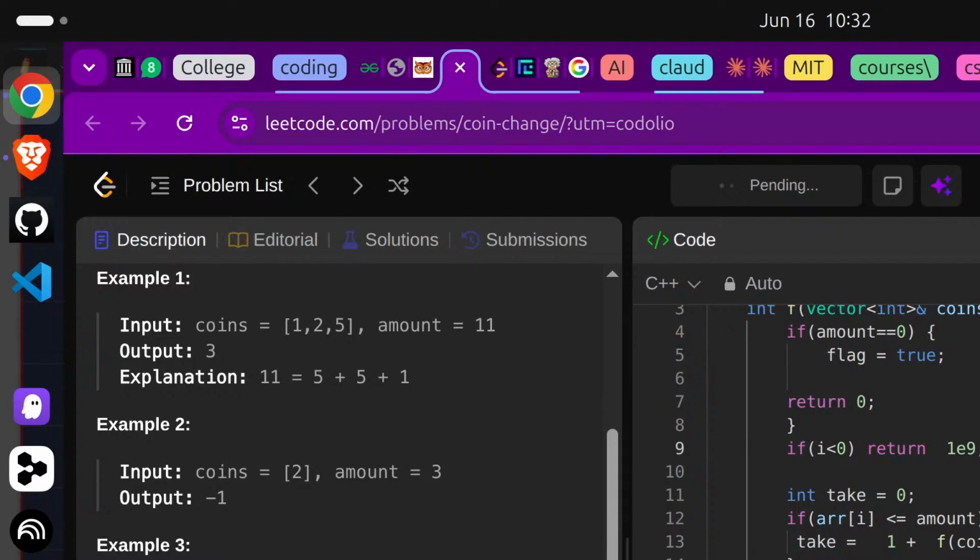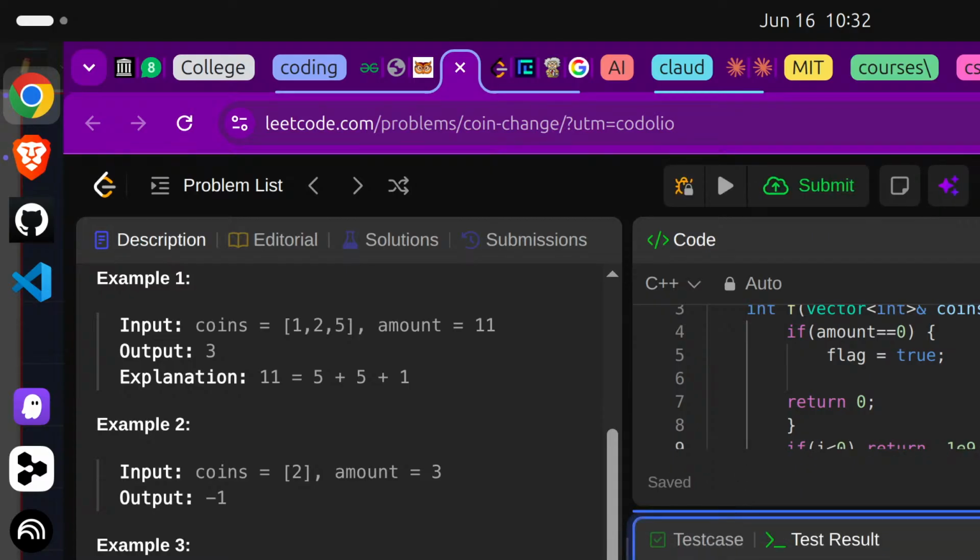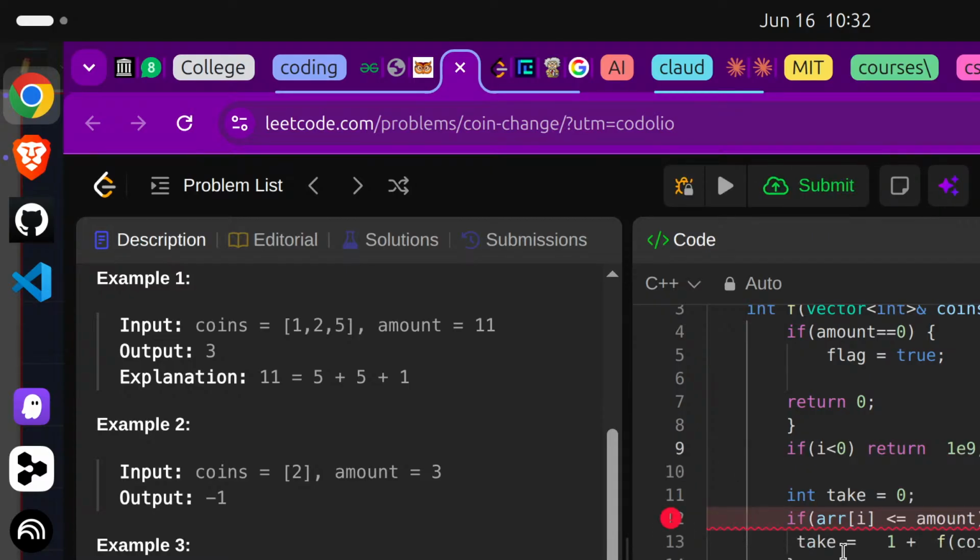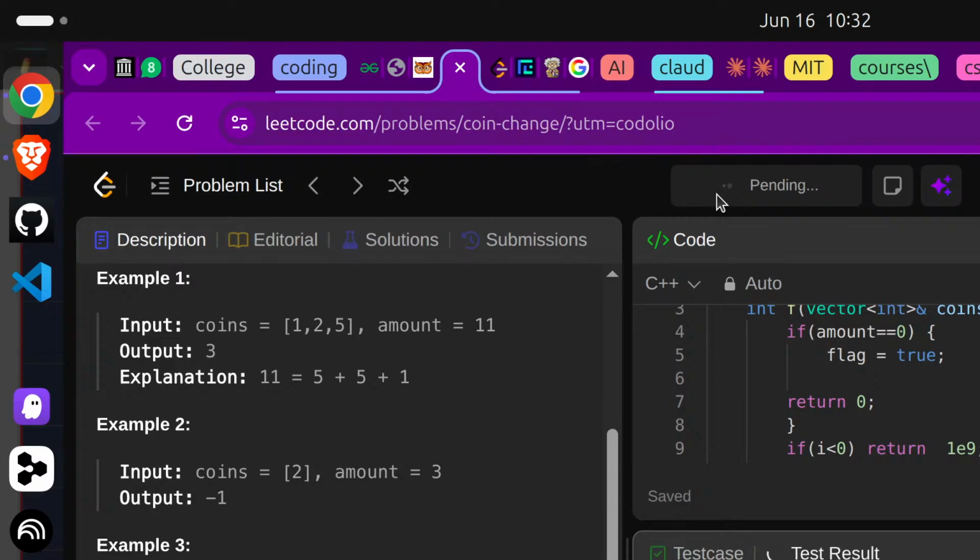We'll find 1. Oh, there is no error, guys. Coins. We have coins everywhere. So if I okay.